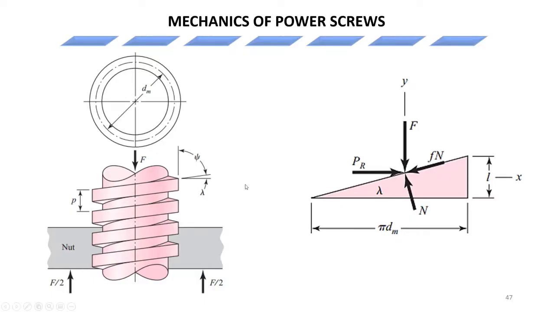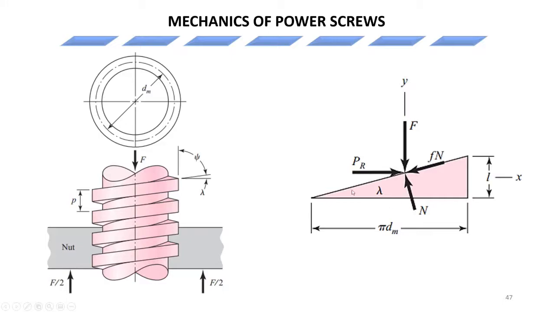It's going to be like a wedge or an inclined surface because of this lead angle. This is a single thread, so the lead is equal to the pitch of the thread. It opens from one end, inclined like this, and that angle will be the lead angle, with the horizontal. Then the lead will be from that point to that point.